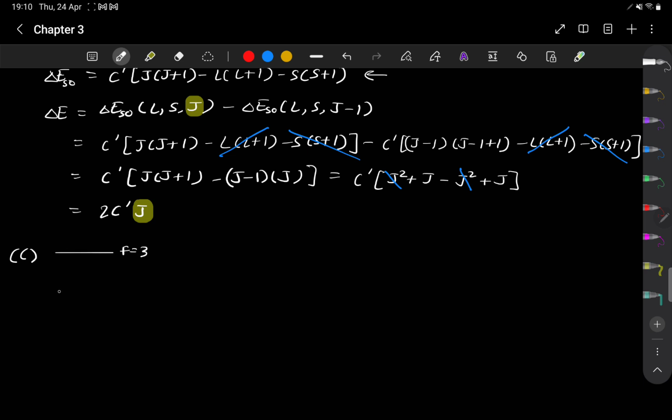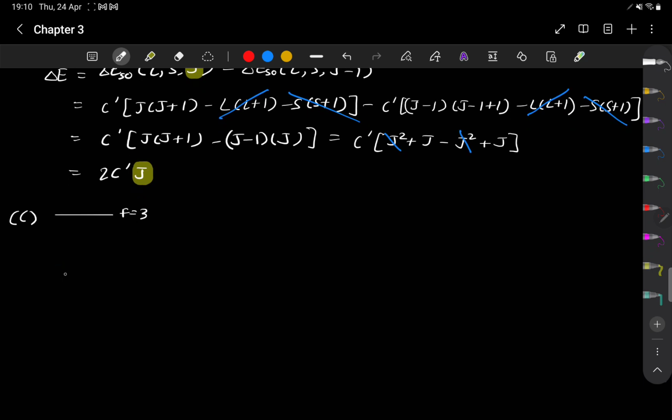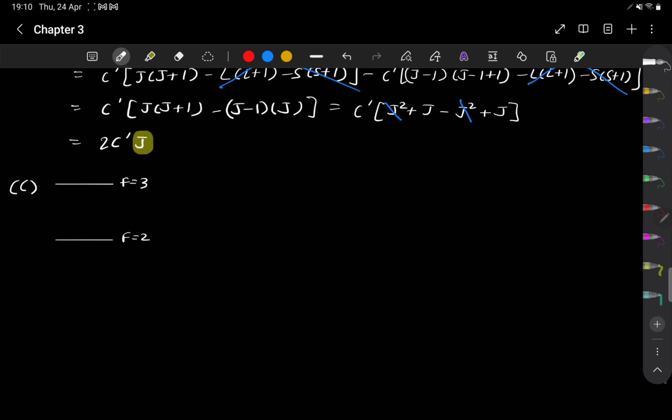So this will be F equals 3, the next level F equals 2, then F equals 1 and finally F equals 0.